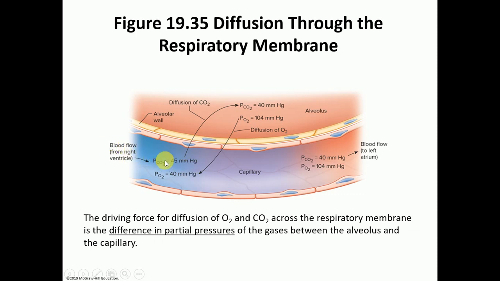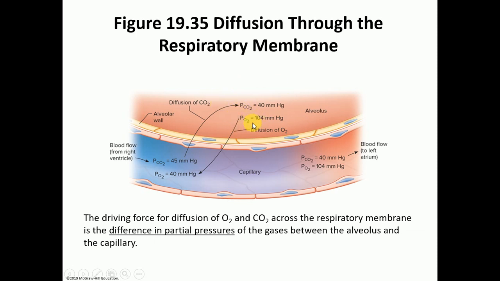So this is the deoxygenated blood, the blood that does not have oxygen in it. And then it'll go through the capillary where it gets oxygenated and it leaves on the opposite side. Now you can see, you don't have to worry about the numbers, but I am going to talk about them to help understand how these partial pressures and the difference in these pressures help in the process of diffusion.